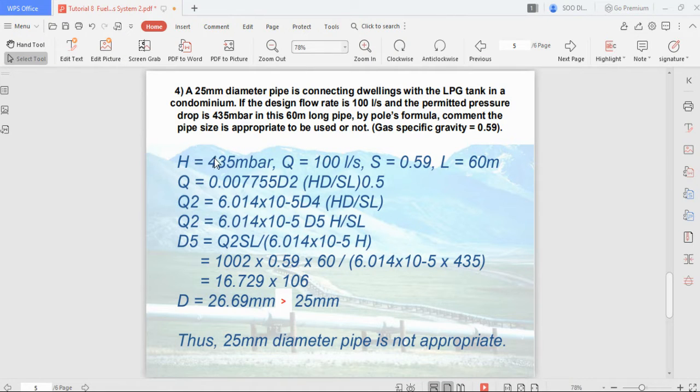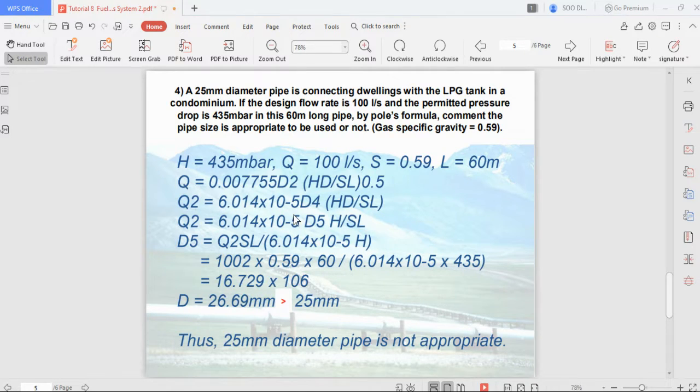So you have your H, which equals 435 bar, and then your Q equals 100 liter per second, and your specific gravity 0.59, and your length, which is 60 meter.